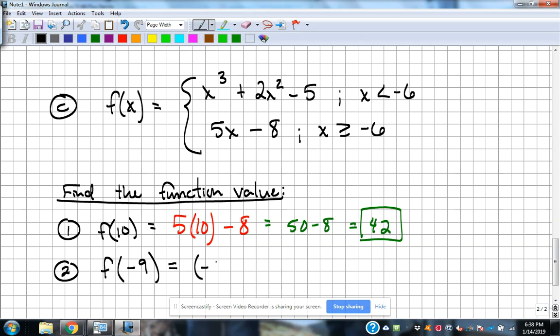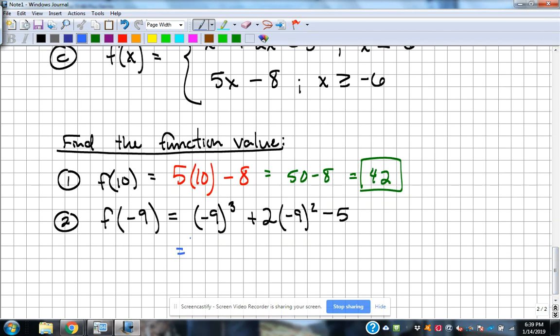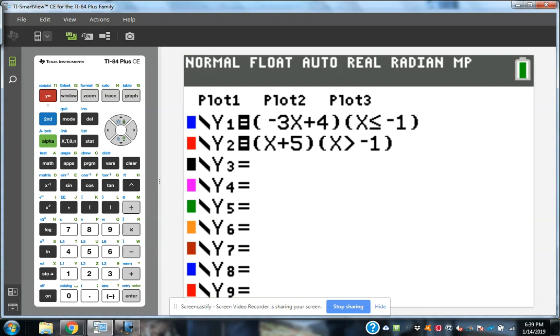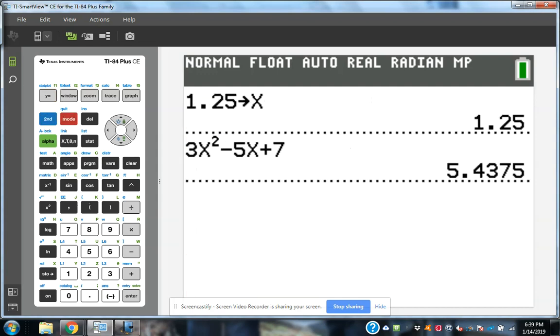So we have to take negative 9 to the third power plus 2 times negative 9 squared minus 5. We're going to work that out. I'm going to use a calculator to help me out. Be careful when you're doing this that you put things in parentheses.